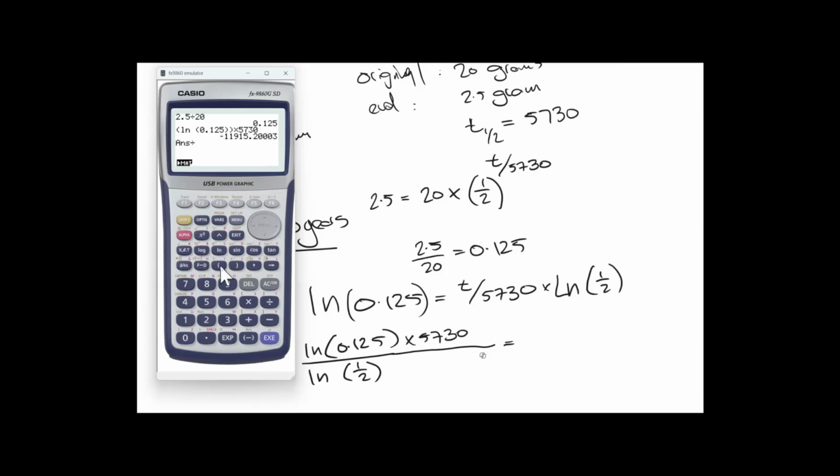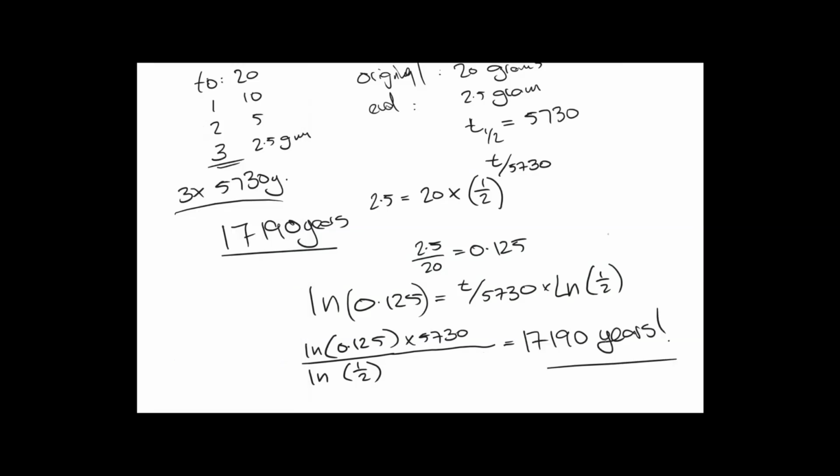Divide that by the natural log of 0.5. We get the same number, 17,000, same answer, 3 different ways.